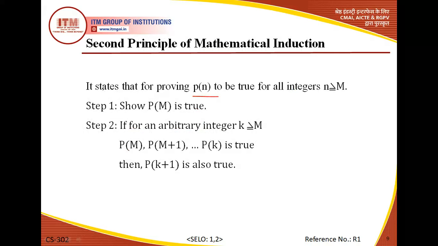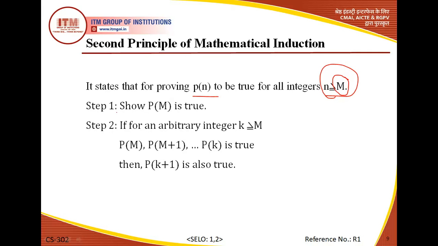It states that for proving Pn to be true for all the integers n greater than or equal to m, basically you have to prove this result for all the values greater than or equal to some particular value. What is that particular value? It is being denoted by m.